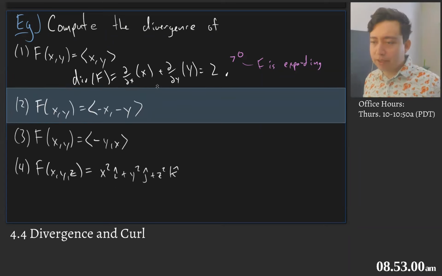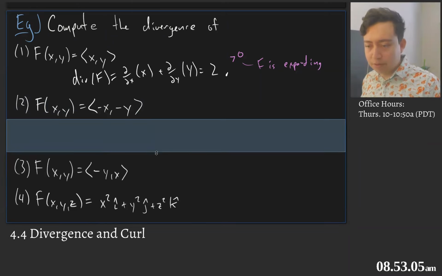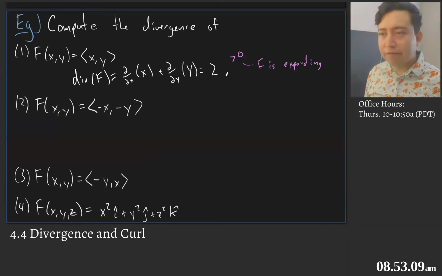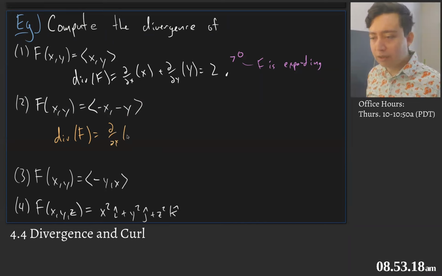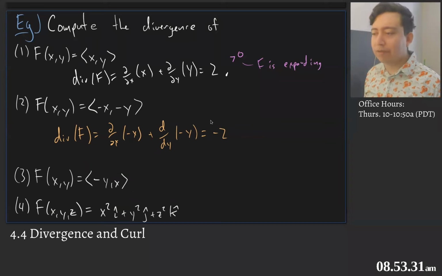Now let's see this next example. Okay, so the divergence of negative x, negative y. So it's d/dx of negative x, d/dy of negative y. So this is going to be -2, right? Because I get -1 plus -1, so I get -2.